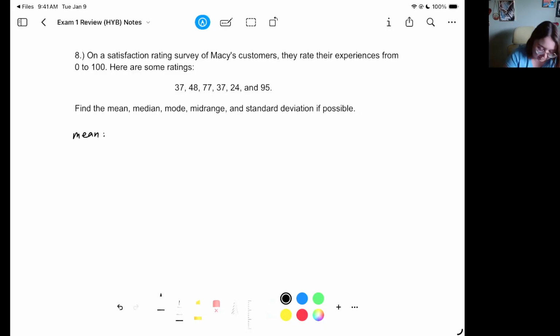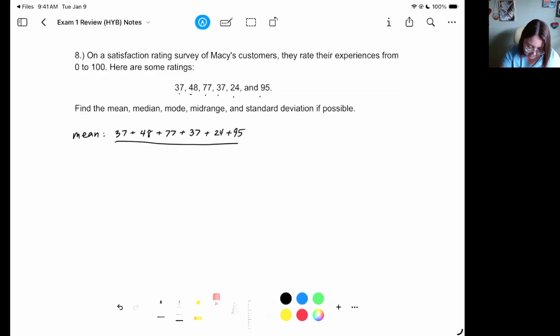So for this one, we're adding together 37 plus 48 plus 77 plus 37 plus 24 plus 95, and then we divide by the number of numbers, which there are 1, 2, 3, 4, 5, 6. So there are 6 numbers that we're using here. So we're dividing by 6.